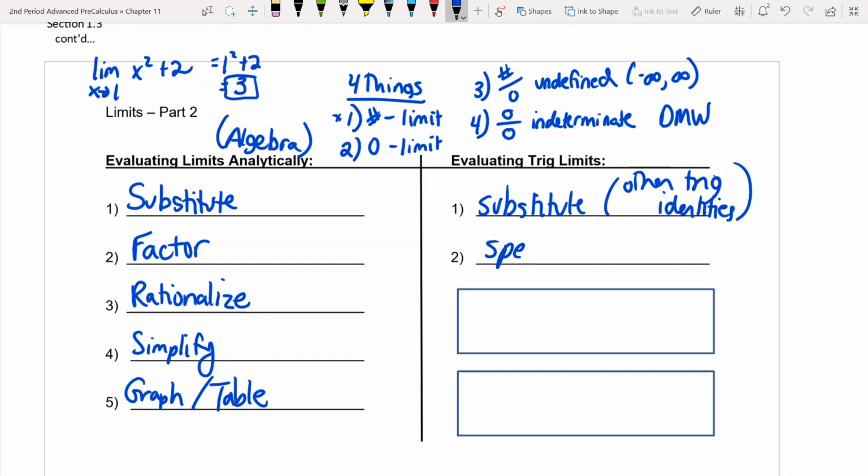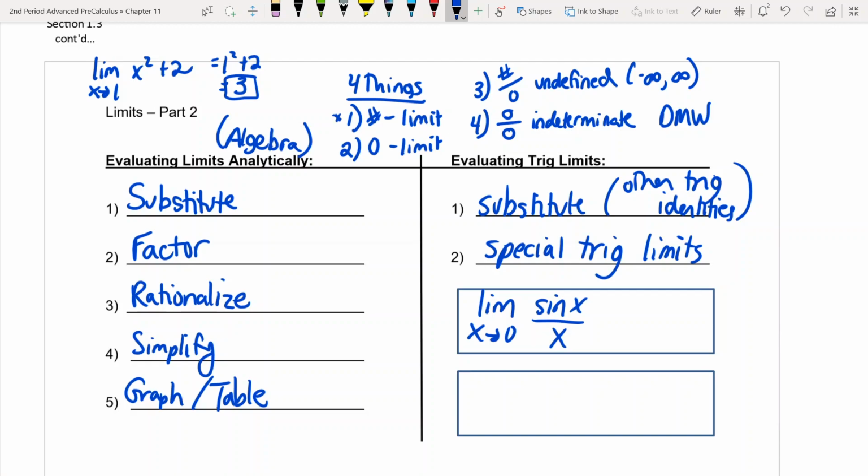And then the other thing is you're going to have special trig limits. There are two special trig limits you want to have memorized. The first is the limit as x approaches 0 of the sine of x over x. If I were to substitute in a 0 right there, I get sine of 0 over 0, which is do more work.